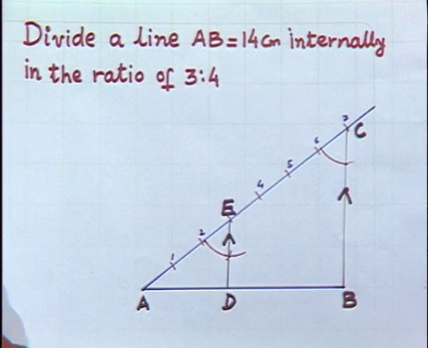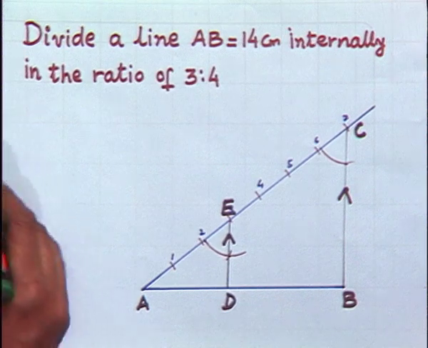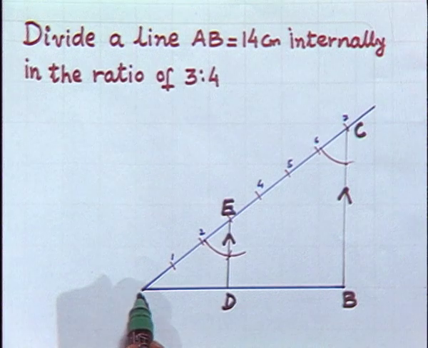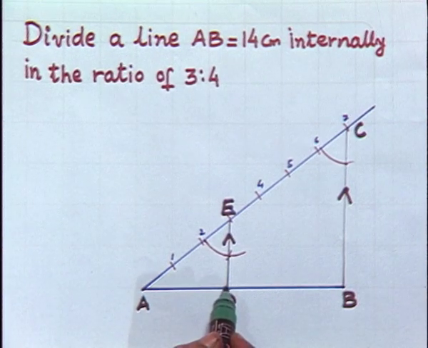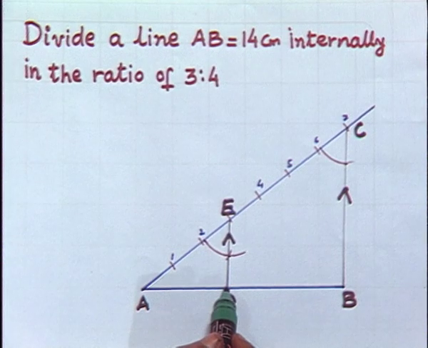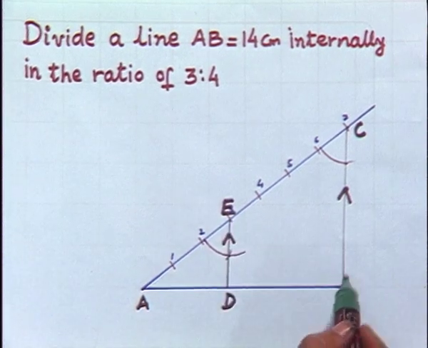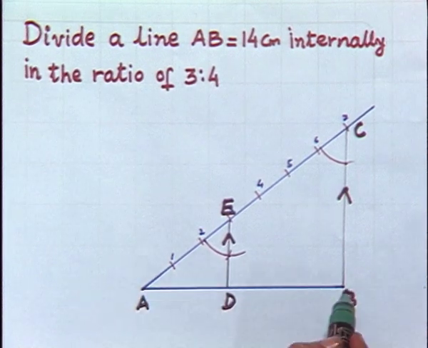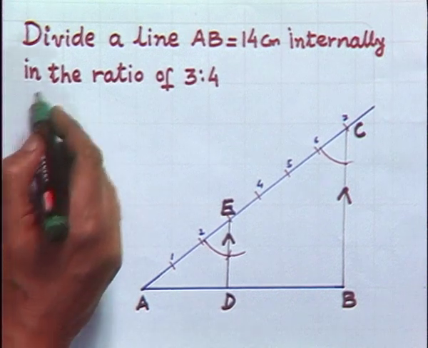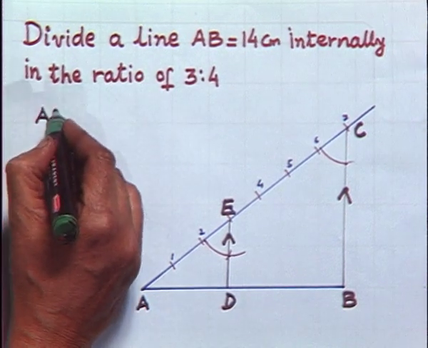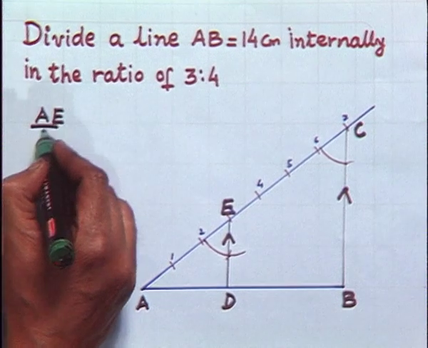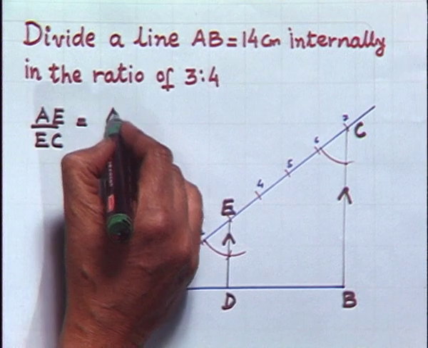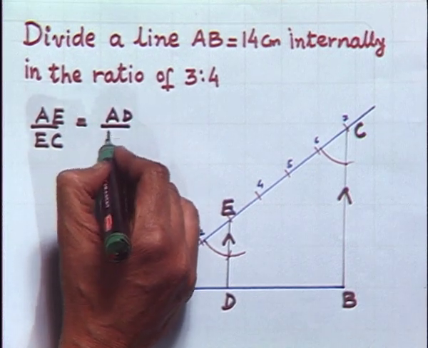Now, if you happen to recall the basic proportionality theorem, it is stated that in a triangle, if a line is drawn parallel to any side of a triangle, here we have drawn this line DE parallel to side BC of a triangle, so this line will divide these two sides in the same ratio, that is AE upon EC is equal to AD upon DB.